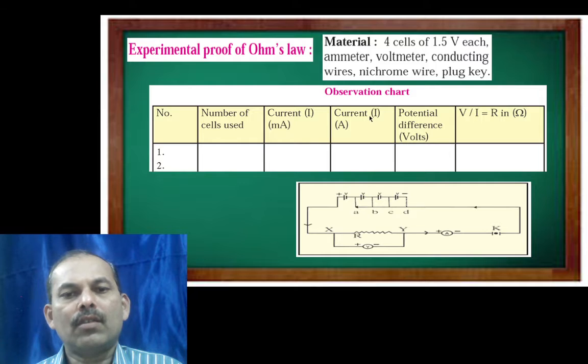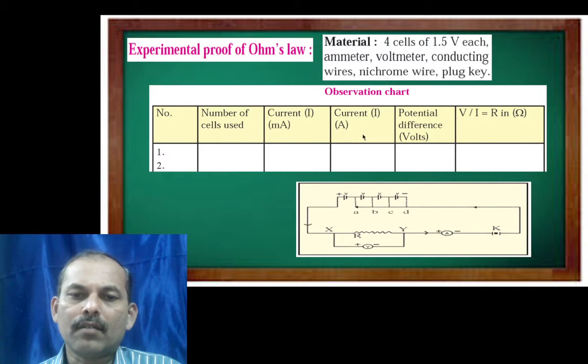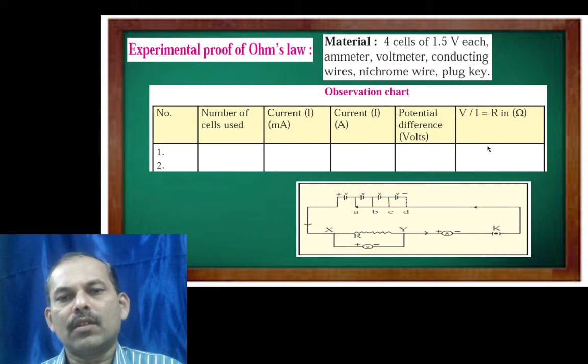We can convert that current from microampere to ampere. In this column you write the potential difference in volts, which we measured with the help of the voltmeter, and in this column we calculate V upon I. We will see that every time this V upon I gives the same answer.